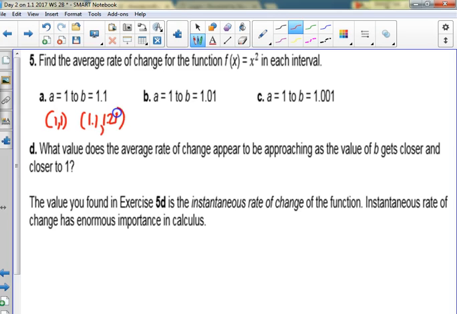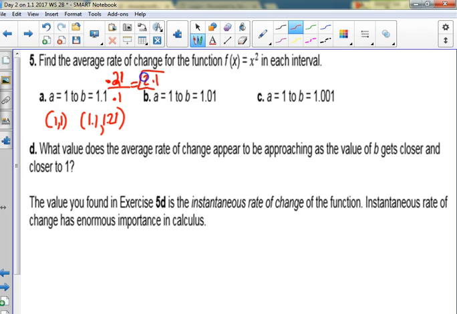Okay. So how much did it change in between there? If I subtract 1.21 minus 1, the y's is 0.21. The denominator, 1.1 minus 1 is 0.1. What is that when I divide it, guys? 0.21 divided by 0.1.